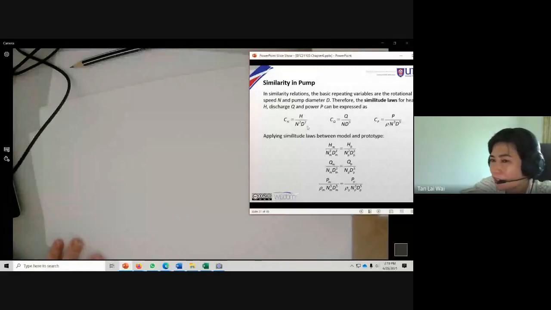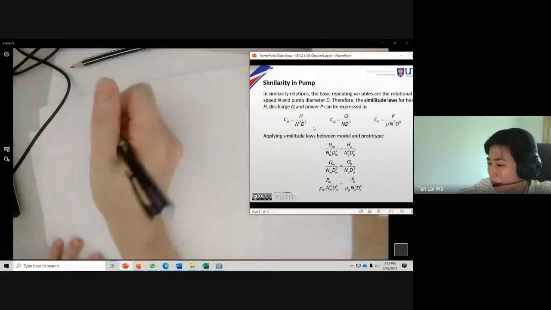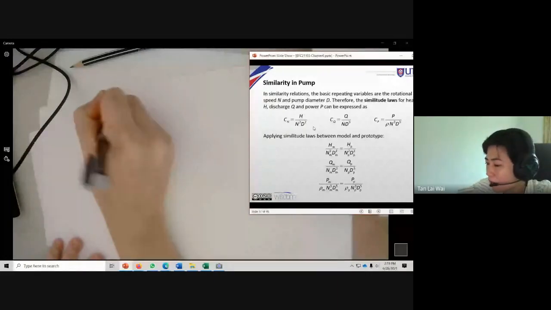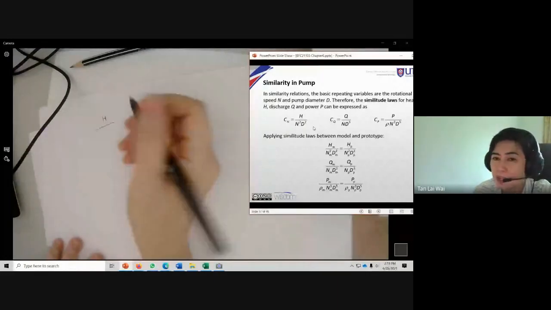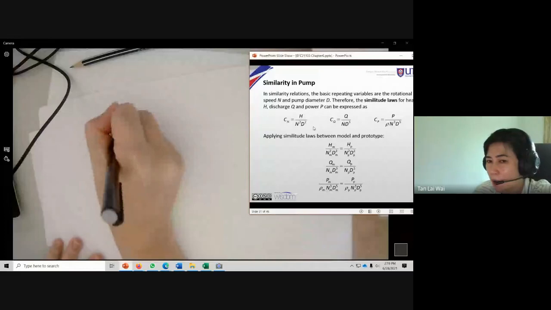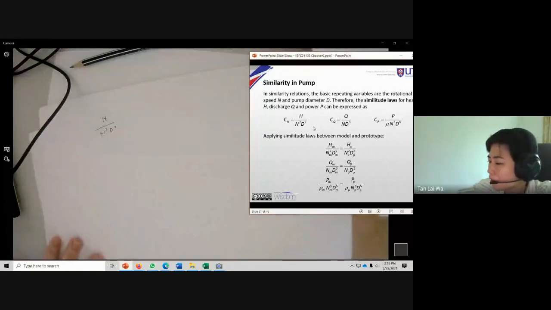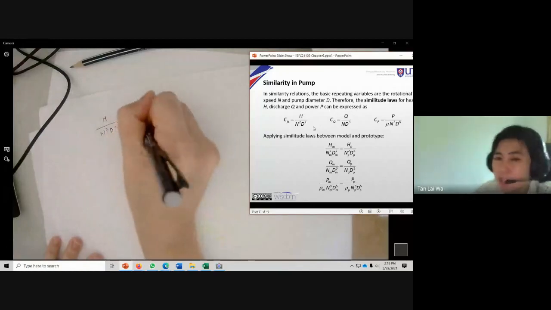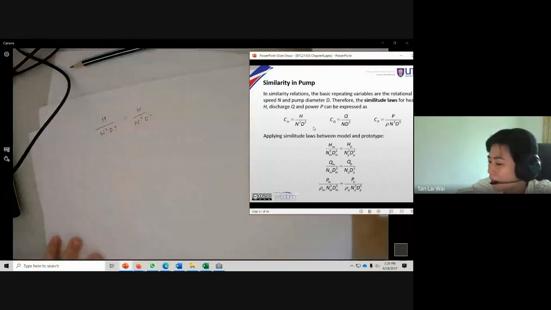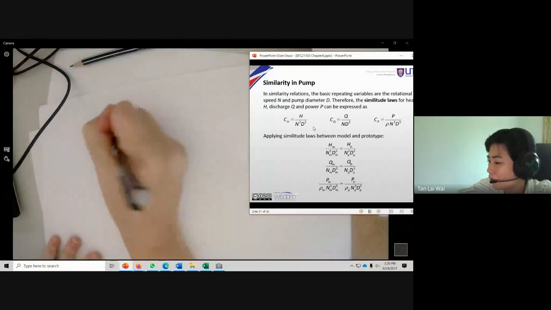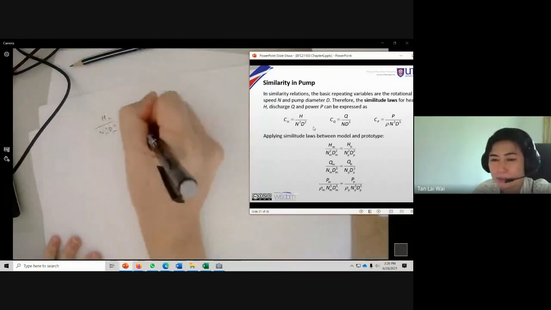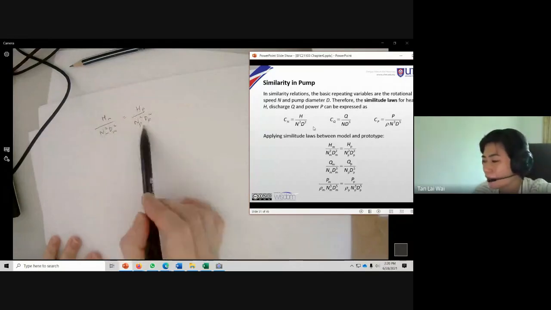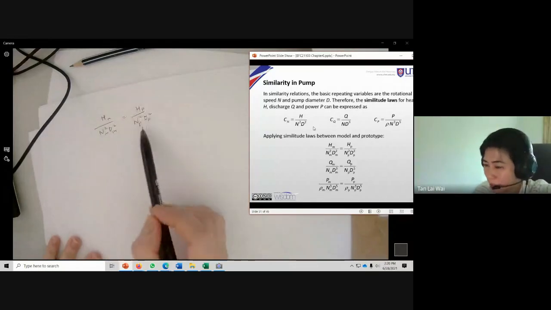Now, you have this law, right? Basically, for example, you have H. This is the law for head, H over N squared D squared. Now, if you are comparing between a model and prototype, you should equate it. It's the same formula, all right? But you should write down one side for the model because this is the similarity, and the other side for the prototype.